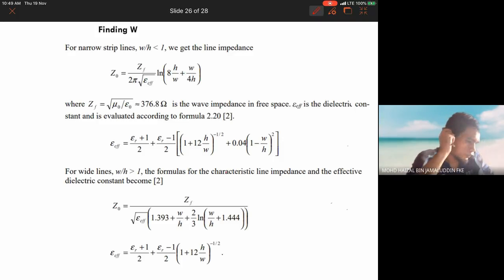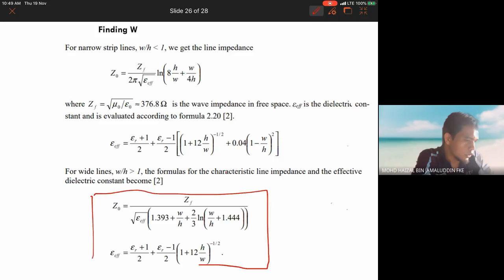In this case, you assume W over H is equivalent to 1. Z0 is given, ZF is also given, EEFF you can find from here, and H, the height of the substrate, is given. So you just include all the values in the formula, and you can calculate the W here.